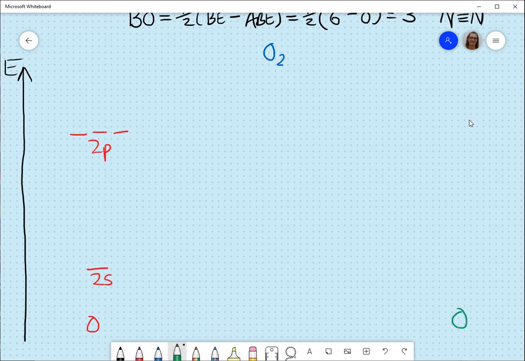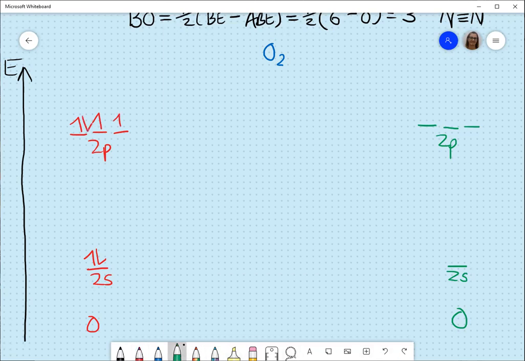Oxygen, we need to put them on the same level. That's 2s, and we need to put these ones roughly on the same level. These are the 2p's. Now we need to consider the number of electrons. We know that we have 2s2, and we've got 2p4. So we fill them up like that.